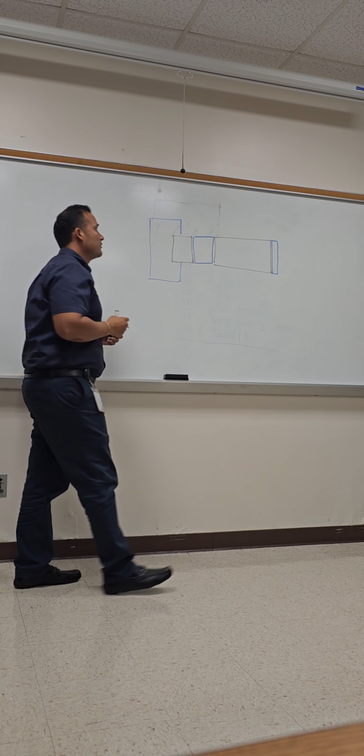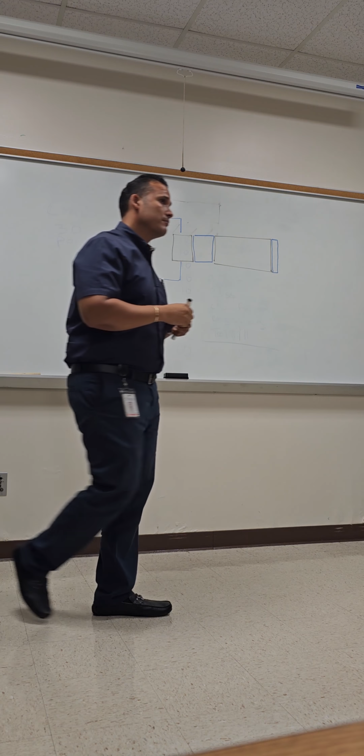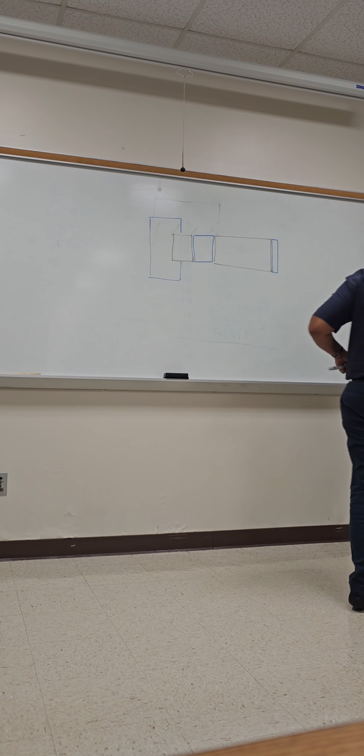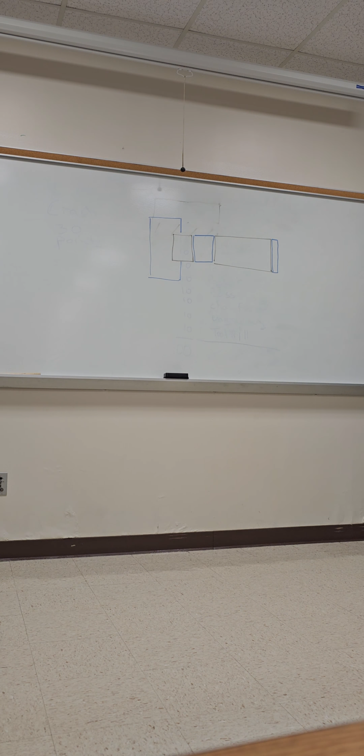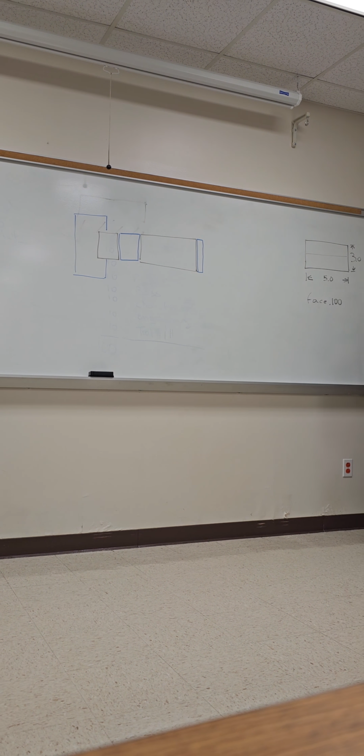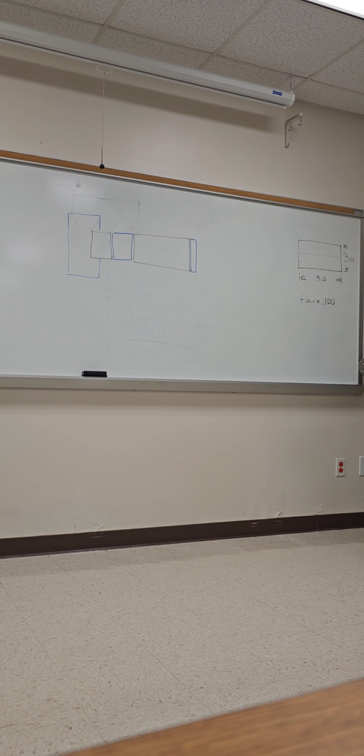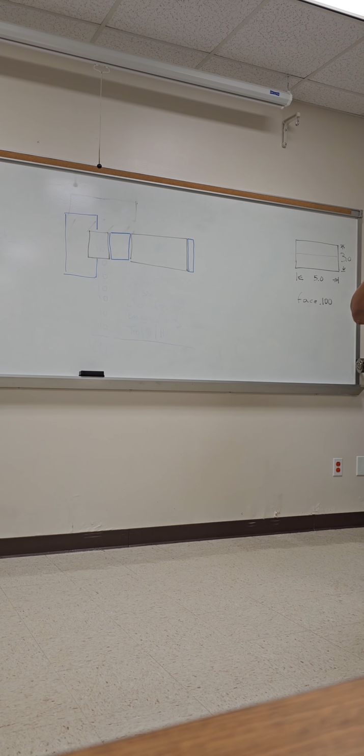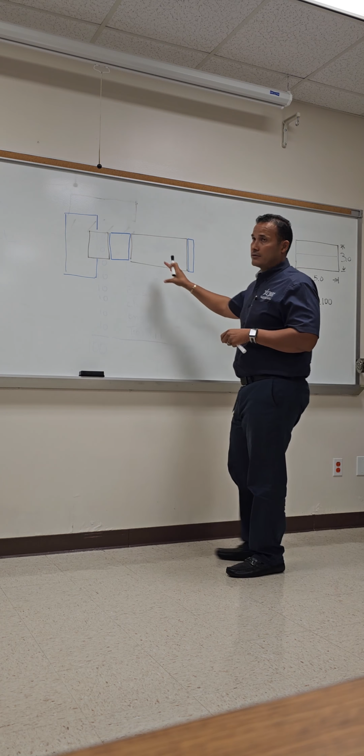Okay, so let's see if this makes sense. After we make our geometry, 5 by 3, and we're going to face about 0.100. Remember, in the mill, after you did the geometry, you have to do what? The stock, correct? All right, so this is your stock.